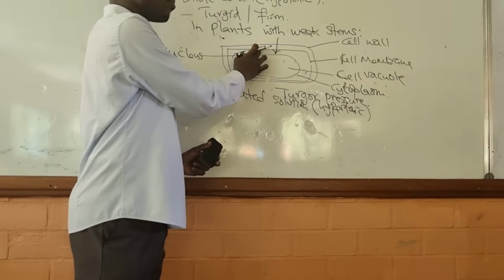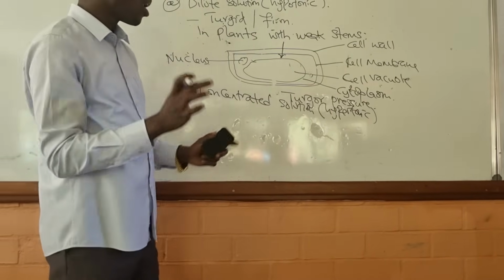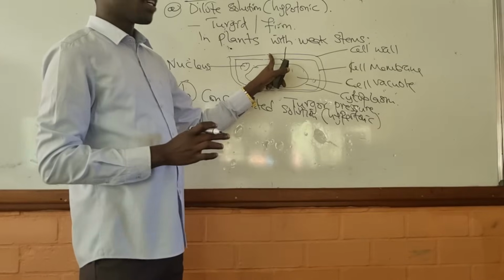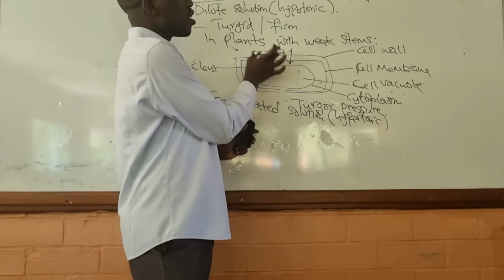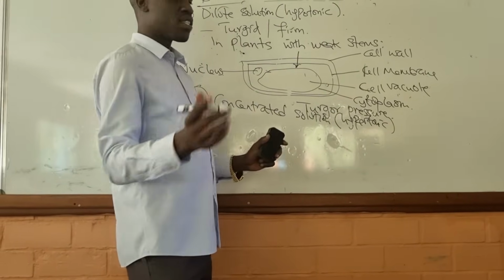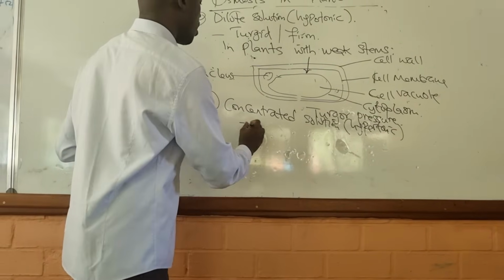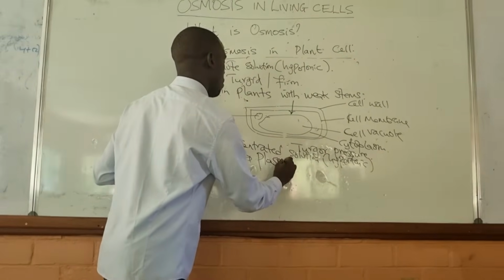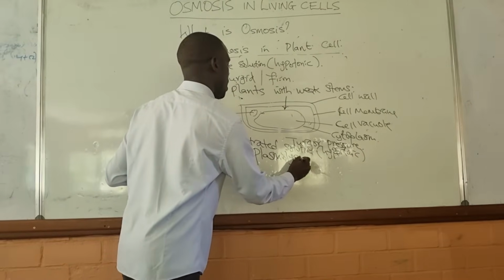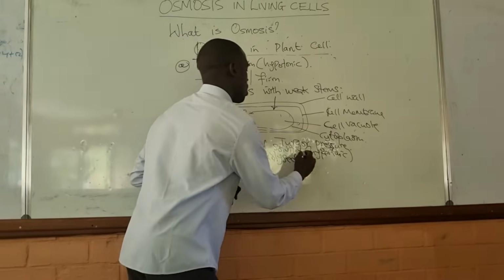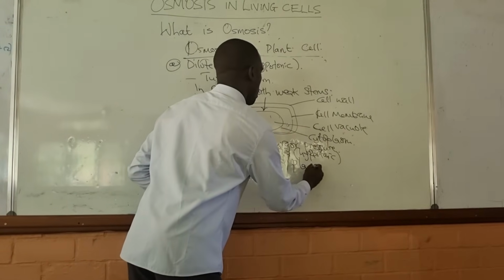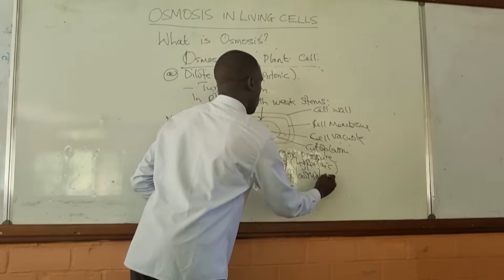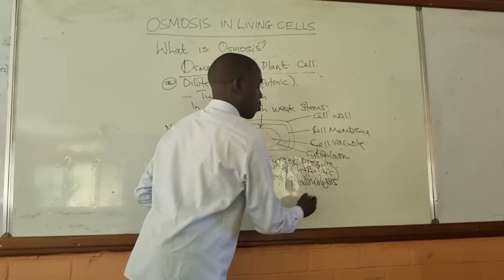Then the cell membrane is going to pull away from the cell wall. So if the cell membrane pulls away from the cell wall, then the plant cell is going to become plasmolysed. It is going to undergo what we call plasmolysis.